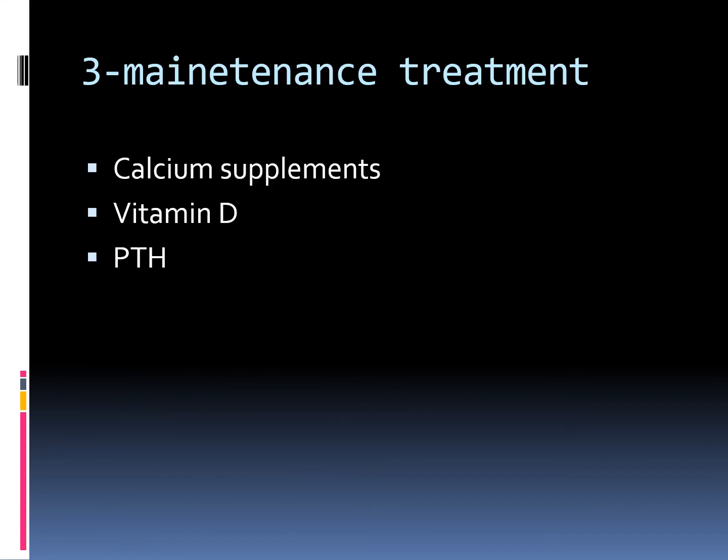The mainstay of maintenance therapy is with calcium and vitamin D supplements. Parathyroid hormone is only needed in patients whose hypocalcemia does not respond to calcium and vitamin D supplements. Recombinant parathyroid hormone is available.